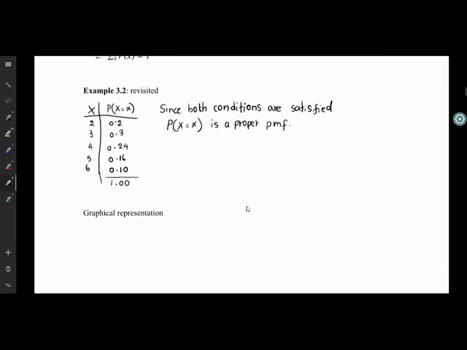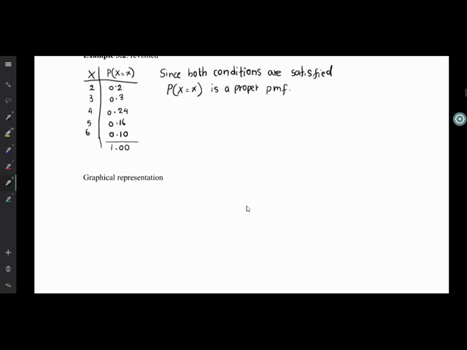Can we represent this graphically? Here's our y-axis and the x-axis. The x-axis contains the random variable x, the possible values that x can get. So in our case, it starts at 2 and 6.